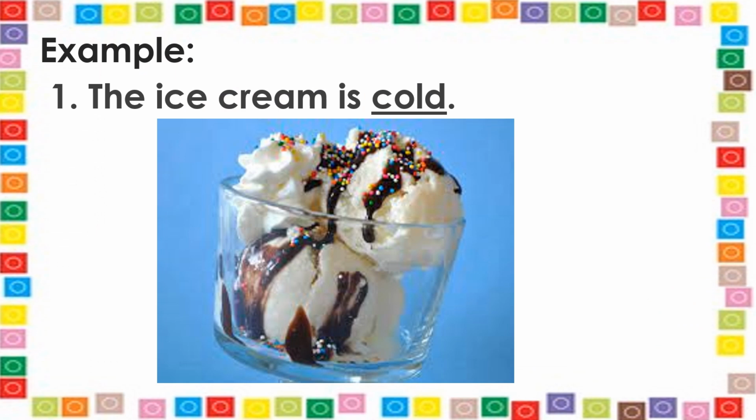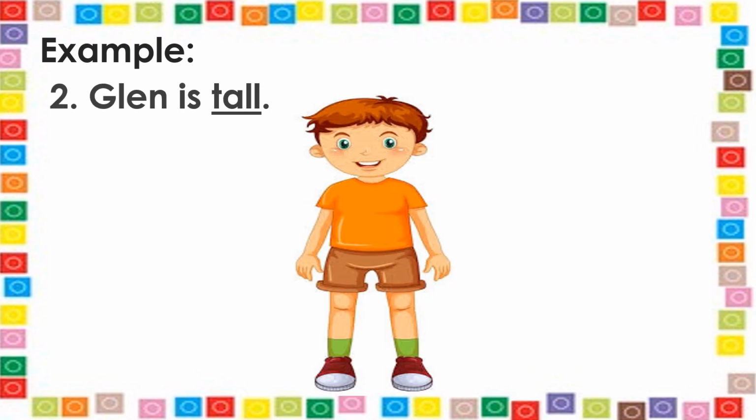Let's read the first example. The ice cream is cold. The underlined word cold refers to only one subject, which is the ice cream. For our next example, let's read the sentence together. Glenn is tall.